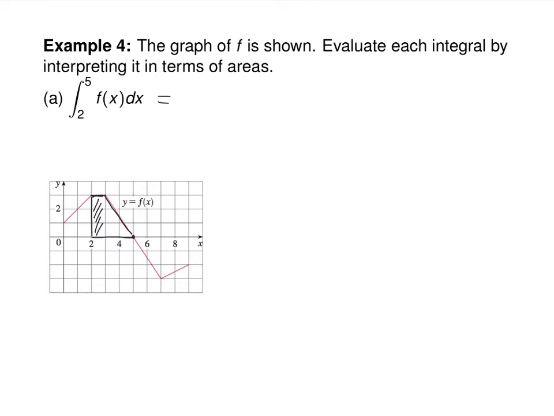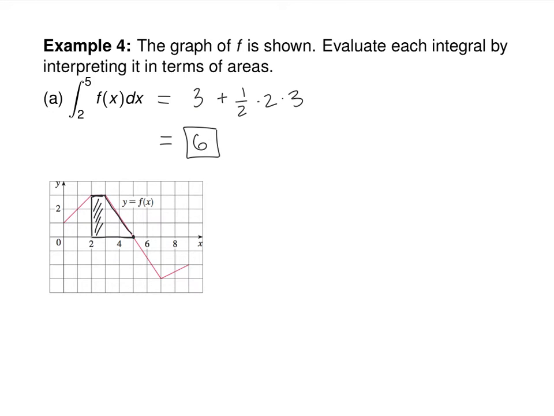So what's the area of the rectangle? Plus 1/2, base is 2, height is 3. So what's the value of the integral from 2 to 5 of f of x dx? 6? 6, yep. Does that make sense? Okay.